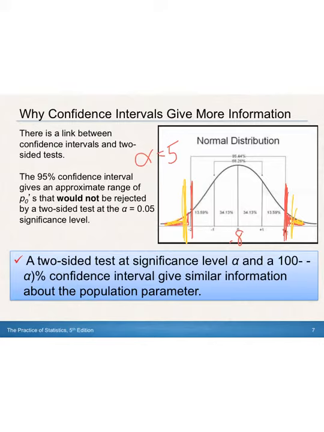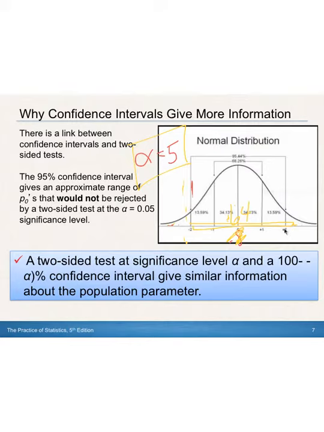The flip side of that is doing the confidence interval. The confidence interval would take the data itself, the 0.64, and build a 95% confidence interval. Once again, here's our 5% alpha, and that aligns to the 95% in our confidence interval. We would build it for the 0.64, not the 0.8, and that would give us the range of values that we'd be 95% sure was a plausible interval.